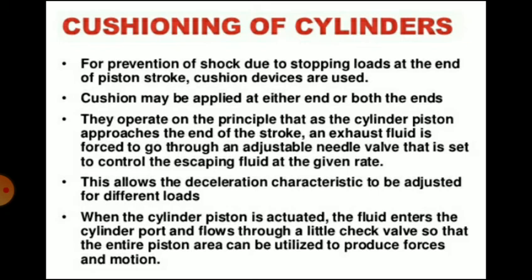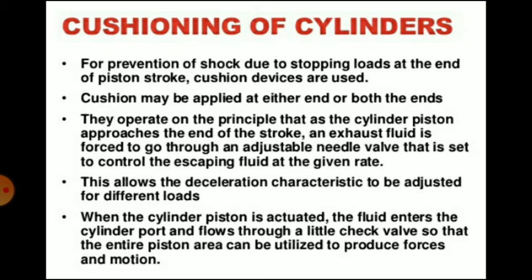They operate on a principle that as the cylinder piston approaches the end of the stroke, the exhaust fluid is forced to go through an adjustable needle valve that is set to control the escaping fluid at a given rate. This allows the deceleration characteristics to be adjusted for different loads.